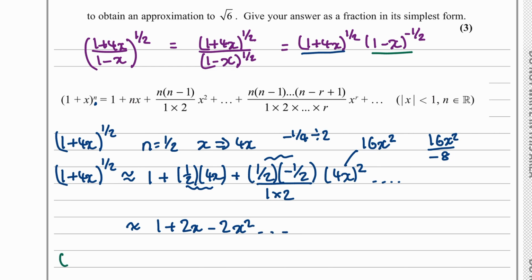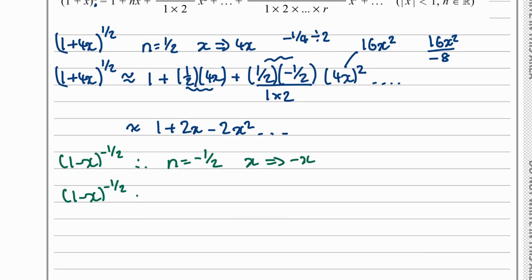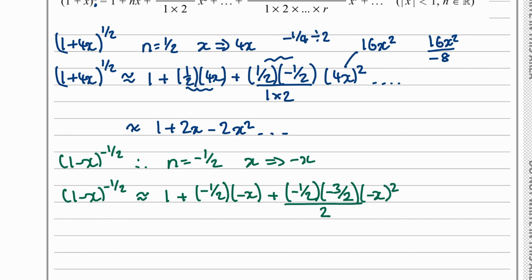And for our green term, we've got 1 minus x to the negative 1/2. So therefore, n will equal negative 1/2, and the x will map onto negative x. So this will be approximately the 1 plus n multiplied by the x term. Then we'll have n multiplied by n minus 1 multiplied by the x term squared, all divided by the 1 times 2.